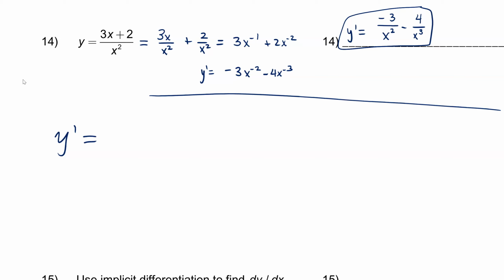Wait, I didn't distribute. You didn't distribute? I did distribute. Negative 3x minus 4 all over x cubed. So make it have a common denominator here. It'd be the same thing, because this would be negative 3x over x cubed minus 4 over x cubed. So this is just negative 3x minus 4 all over x cubed.